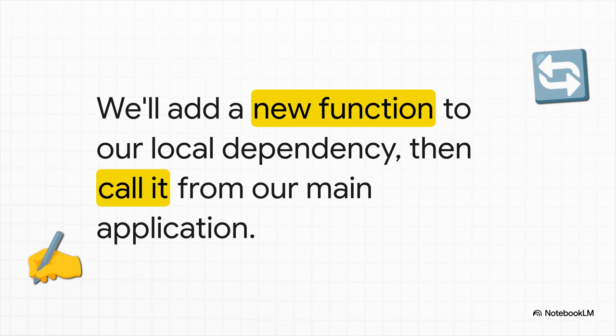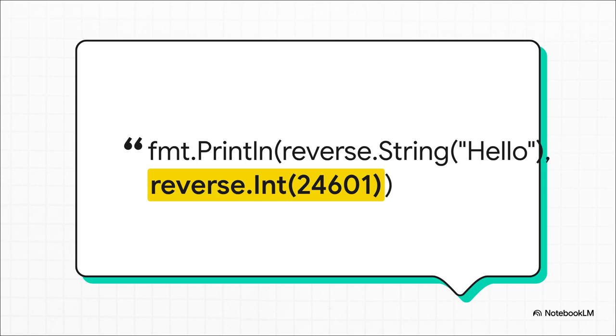Then we'll hop right back over to our main hello application and just call it, like it was always there. And here's what that looks like in our main hello.go file. We're calling the original reverse.String function, and right next to it, we're calling our new reverse.Int function. Just look at this. There's nothing special we have to do. No version bumps, no weird import paths. We just write the code.